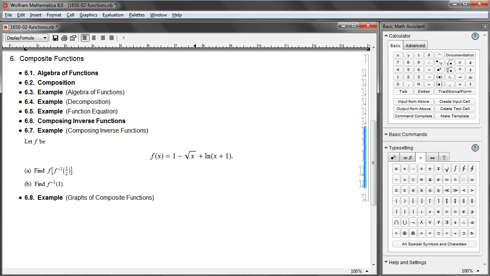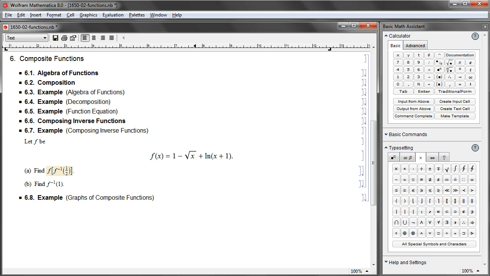Oh, this isn't too bad. Composing inverse function. We have f of x given by 1 minus square root of x plus logarithm of x plus 1, and find out f of f inverse of 1/2. Okay, this is a nice problem, and the latter problem is not really nice, because the first problem, f of f inverse of 1/2, you can answer even if you do not know what a logarithm is.